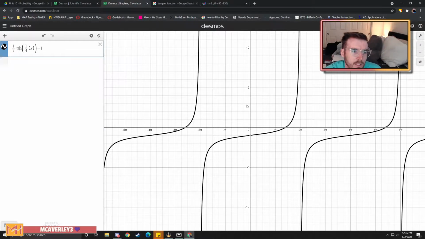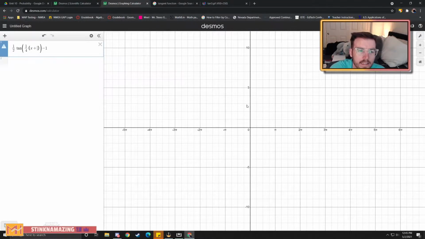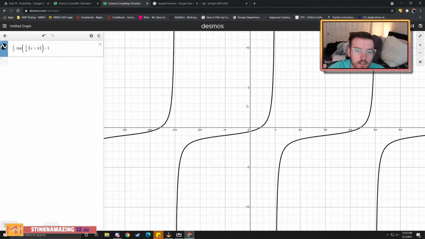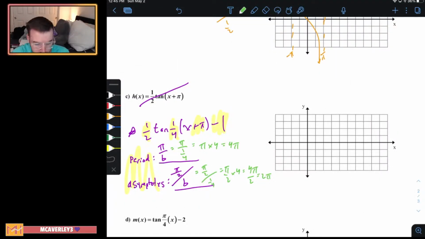And then last but not least, we've got plus pi. And what I'm realizing right now is that because of the plus pi, the asymptotes are moving. I'm mentioning it now because it's the first time it's happening. The shift is moving the asymptotes.